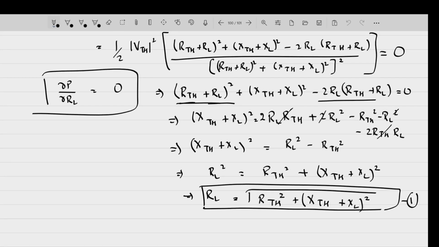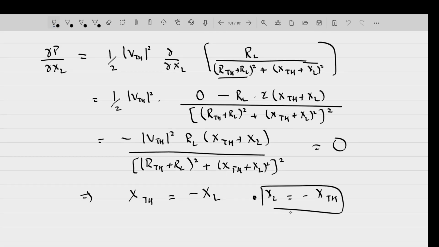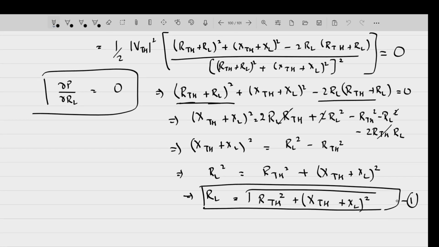So actually we have found out the relationship between XL and XTH, and we have to find out the relationship between ZTH and ZL. So we have equation number 2 and equation number 1.